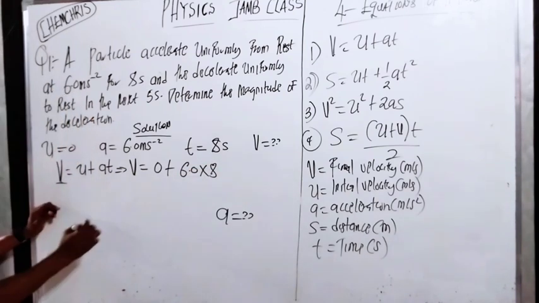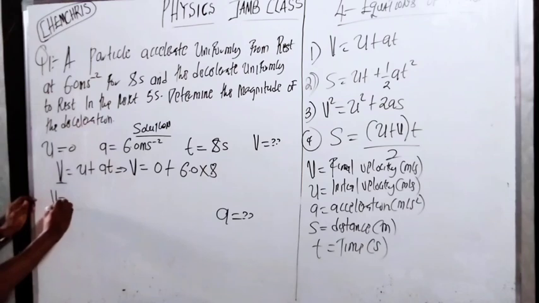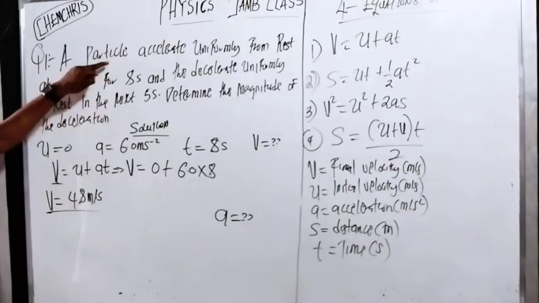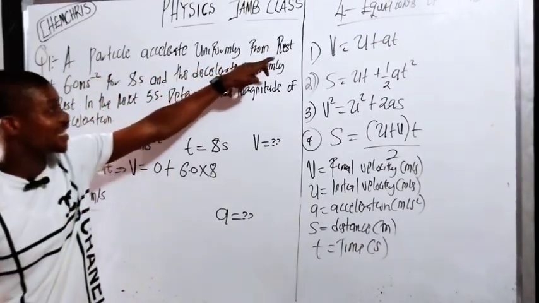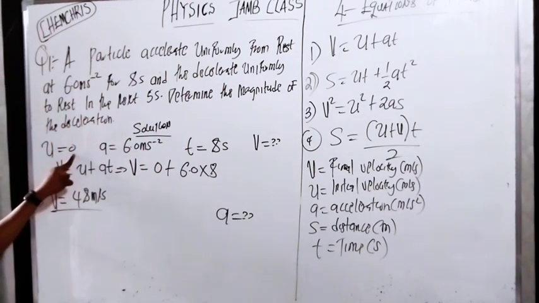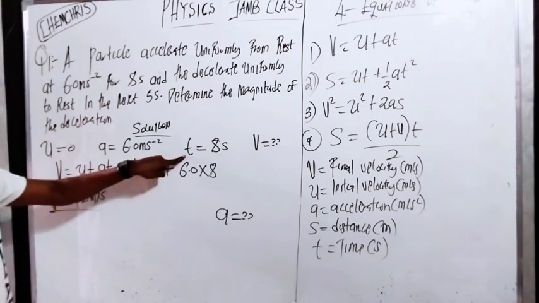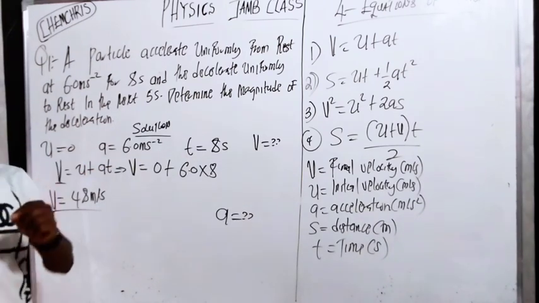So v equals 6.0 times 8, which is 48 meters per second. If you look at the question, the particle accelerates uniformly from rest, that's why u is 0, and the acceleration was 6.0 meters per second squared, right? The time is this, and then it decelerates.